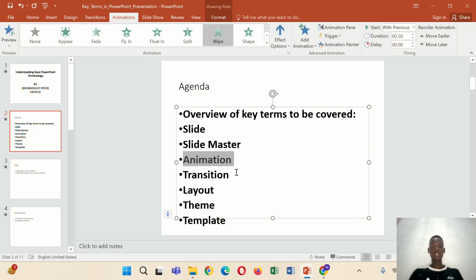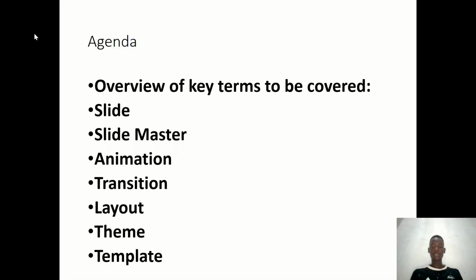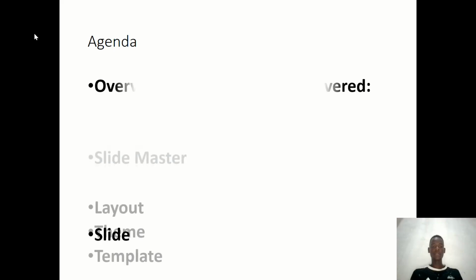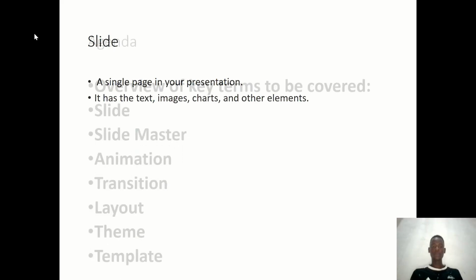I'm just using it. Do not create so many of them because you'll be confusing your people. So let me just get this one and they should fade. So let me do a slideshow for you on that one. So this is how it is going to be. You see how they have all come in. Every one of them has come in a different way.